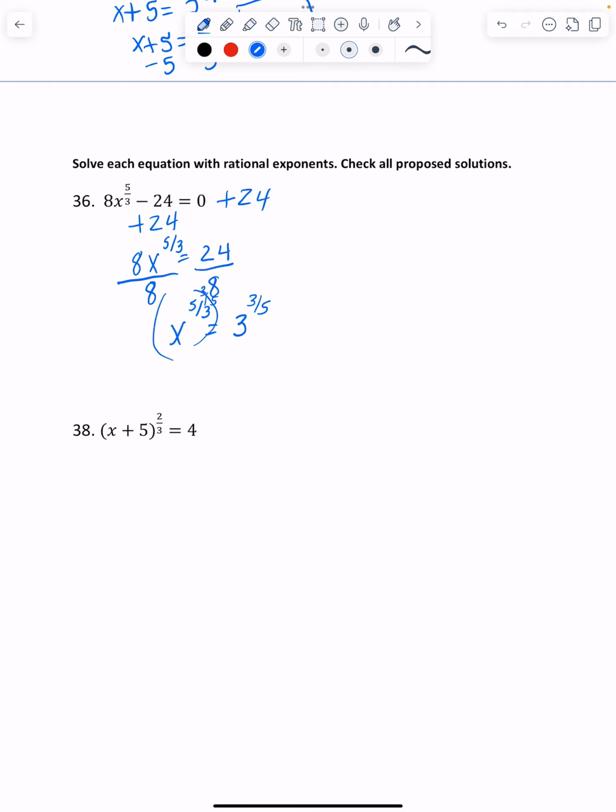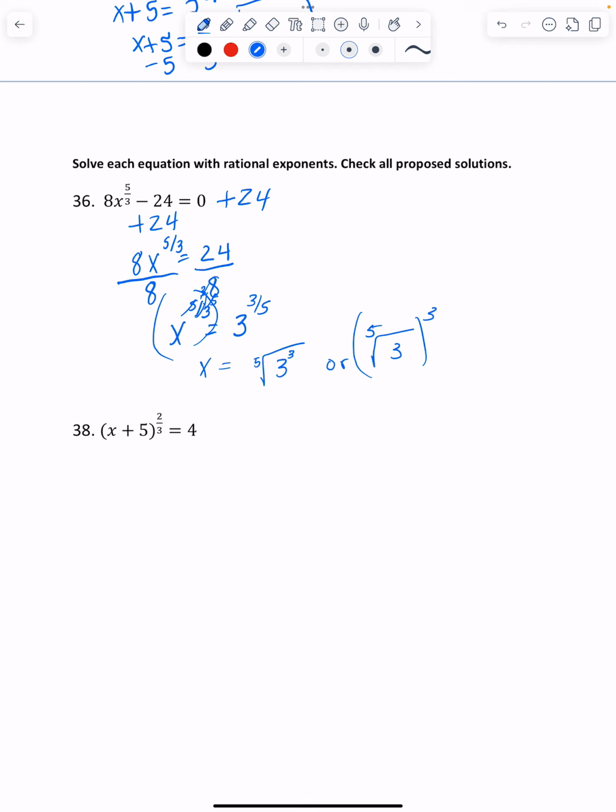All right, so 5/3 times 3/5, this gives me x to the 1st. And I have the 5th root of 3 to the 3rd, or we could look at it as the 5th root of 3 cubed.